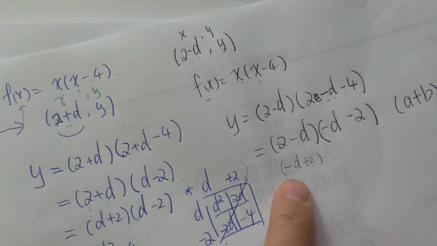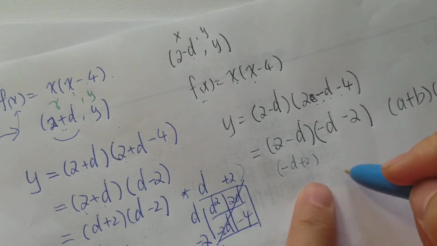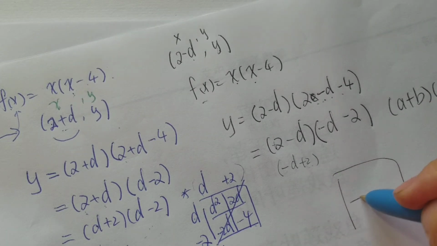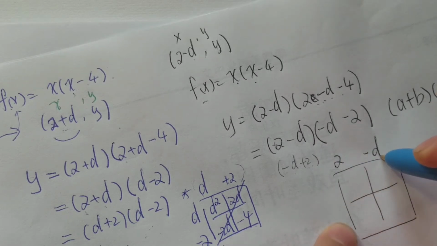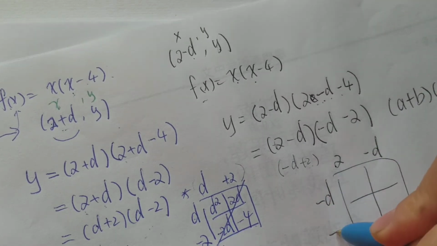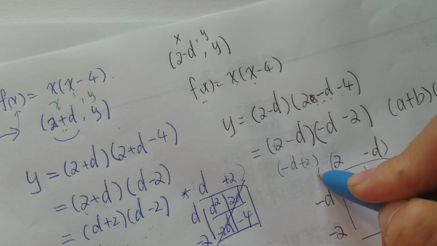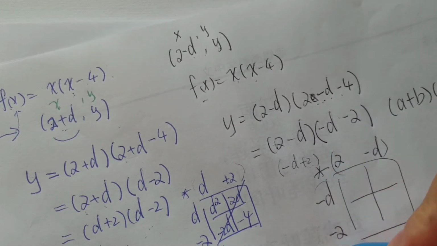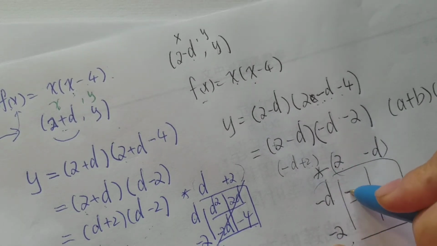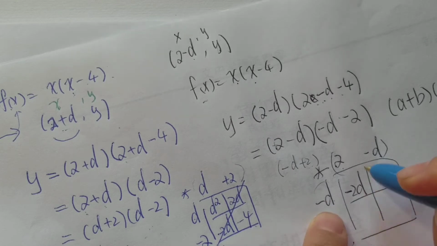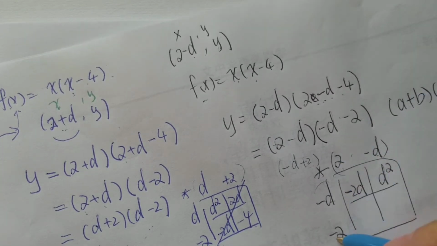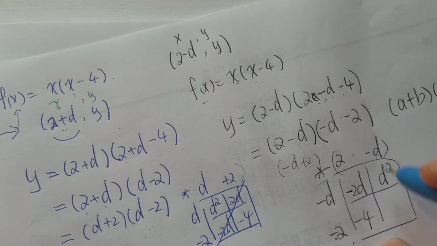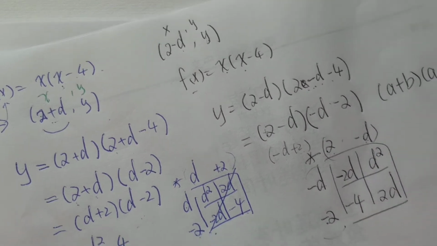If you want, you can apply it. If you do not like it, you can still use the 2 by 2 table. 2, negative d, and negative 2. This is the first parenthesis multiplied by your second parenthesis, which gives negative 2d, and negative times negative is positive d squared, negative 4, and positive 2d.